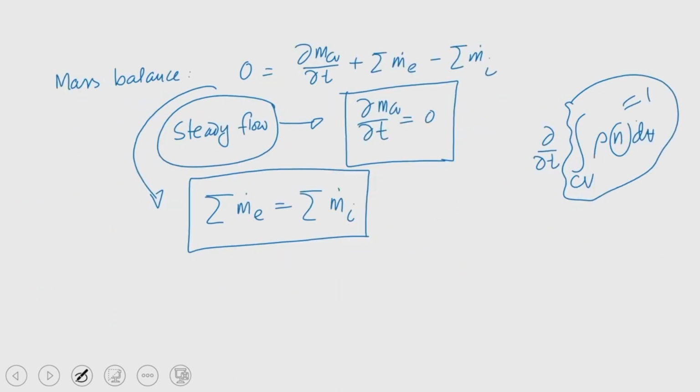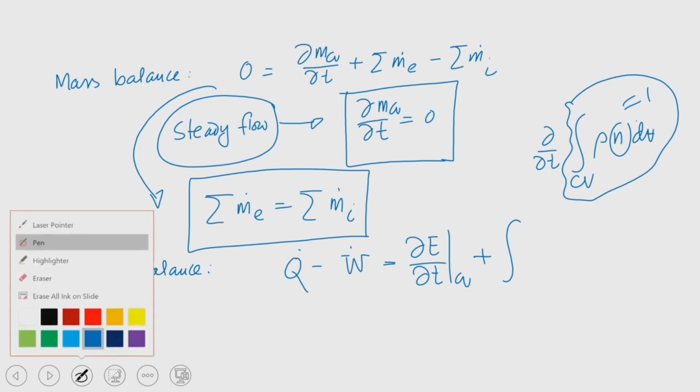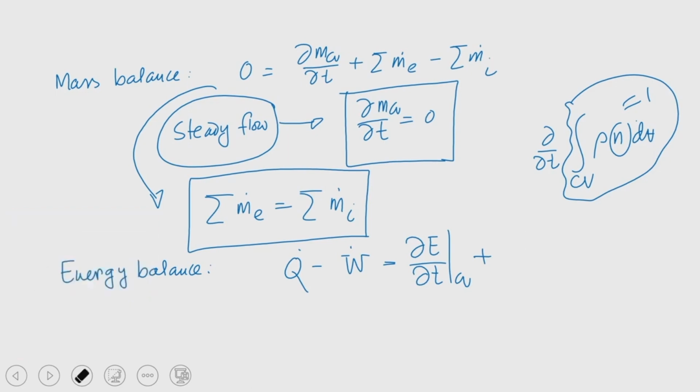If we write the energy balance equation, I am not going to write it again in the integral form, rather we can write the form that we have derived just now.